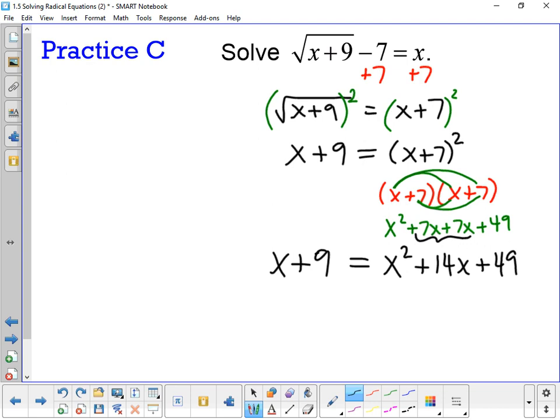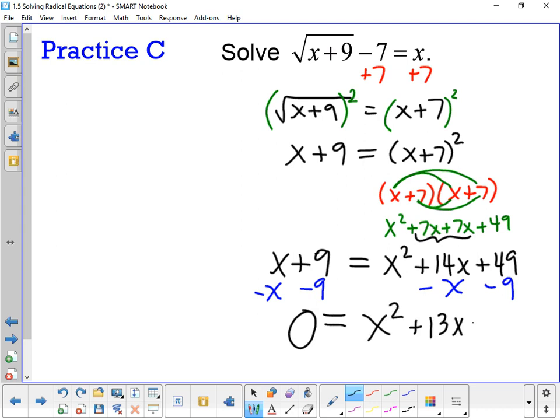We're getting closer. We've got an x squared. So this is a quadratic equation right now. To solve a quadratic equation, we want to get it equal to 0, and so we can subtract x from both sides and subtract 9. x squared plus 13x plus 40 equals 0 is our quadratic equation.